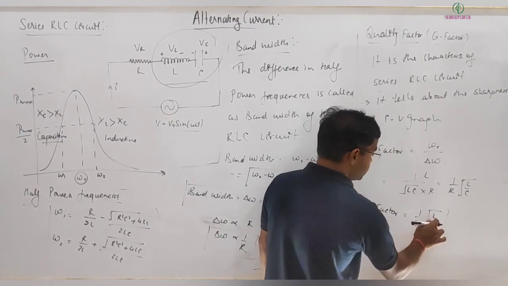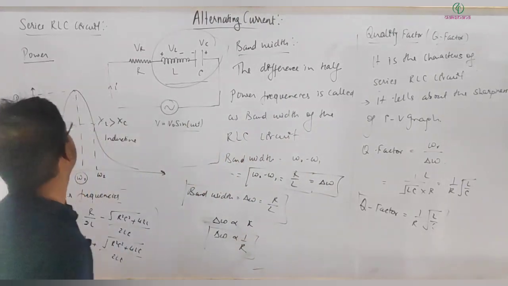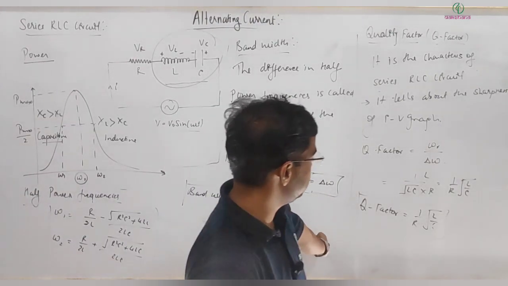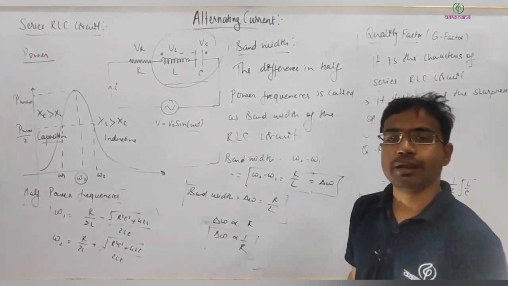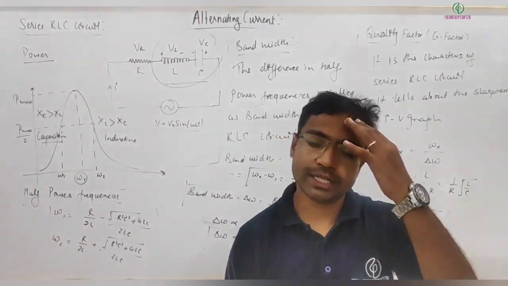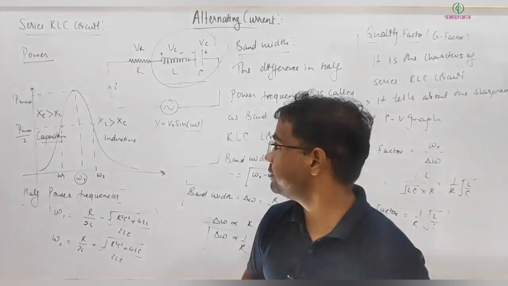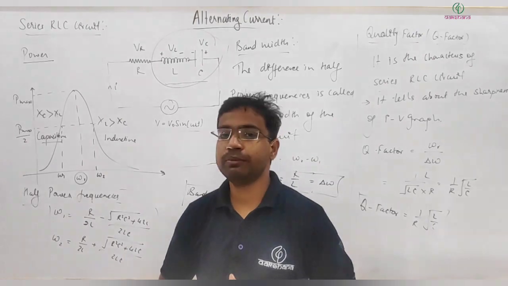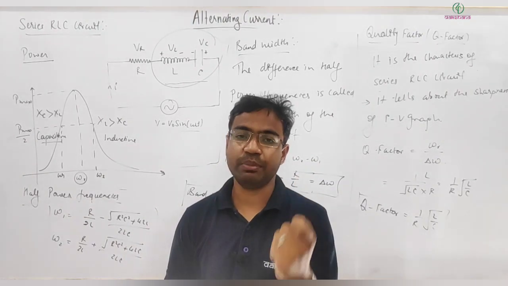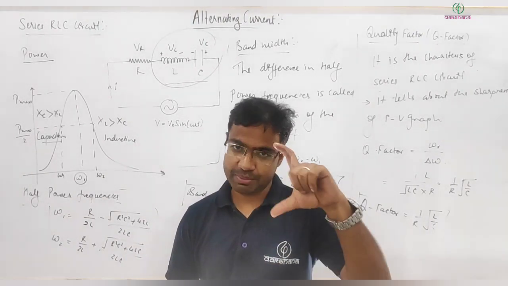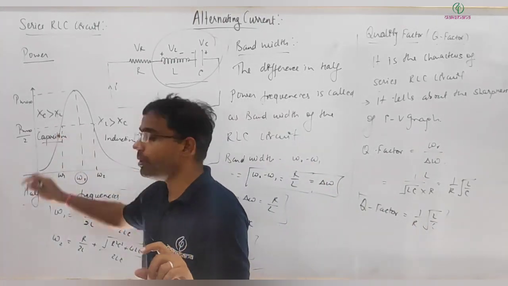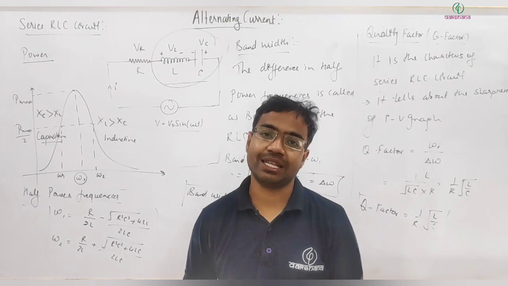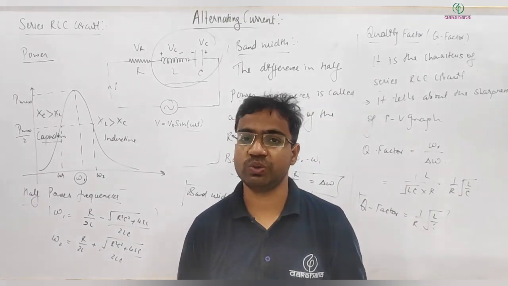Just remember these things. So this is all about your series RLC circuit. I hope there was a little confusion about calculating half power frequency, but now you should not have any confusion. You just need to take care that I maximum is I naught, the peak value of the current, and at half power the current will not be I naught but I naught by root 2, as we calculated.